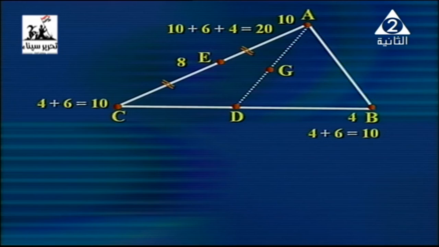Also, we have distributed the 18 gram mass of the lamina about its vertices, each one equals 6. Then point A is fixed with 10 plus 6 plus 4 equals 20 gram. Point B, 4 plus 6, 10 gram. Point C, 4 plus 6 equals also 10 gram.